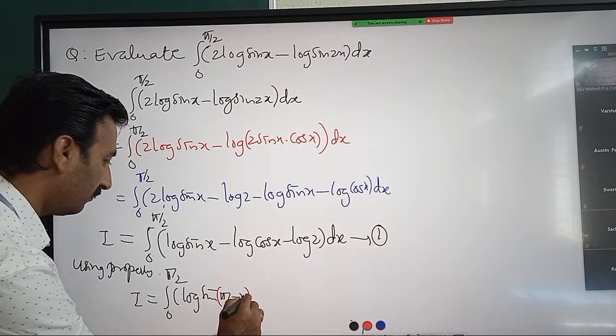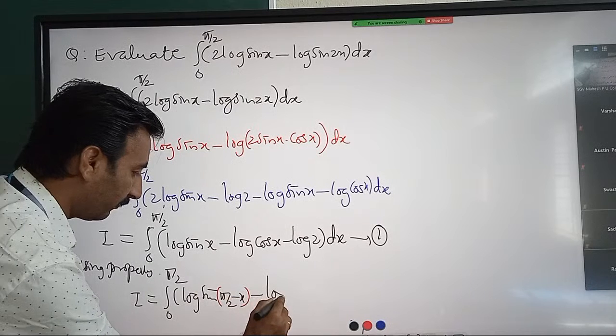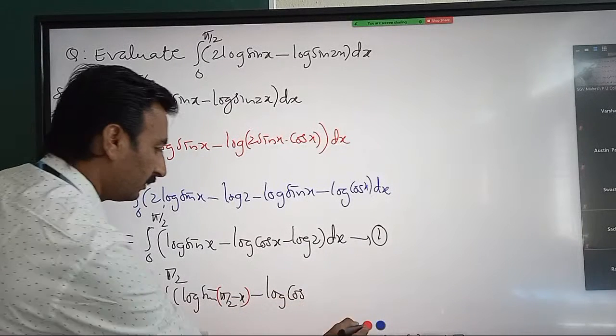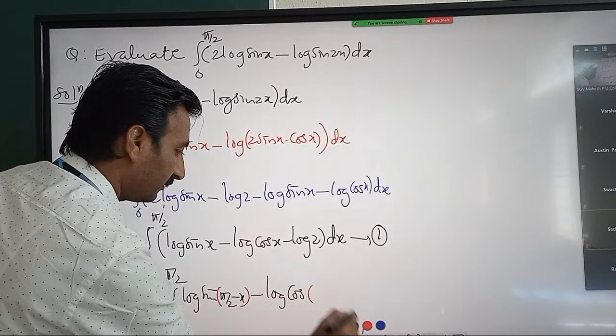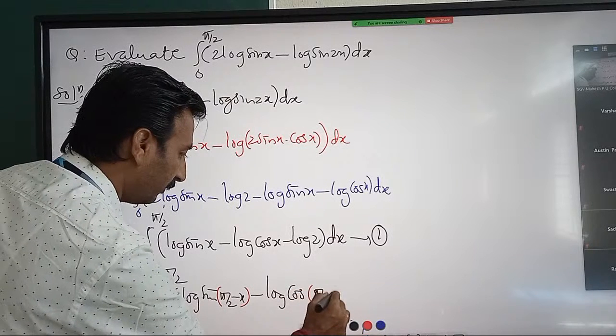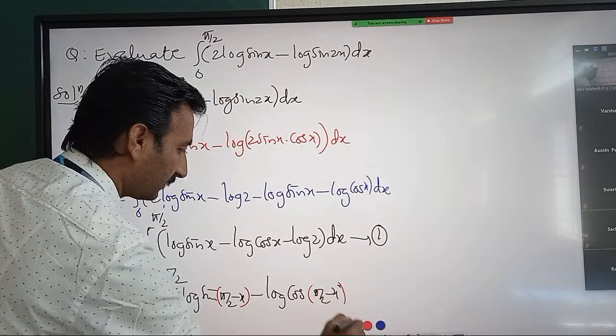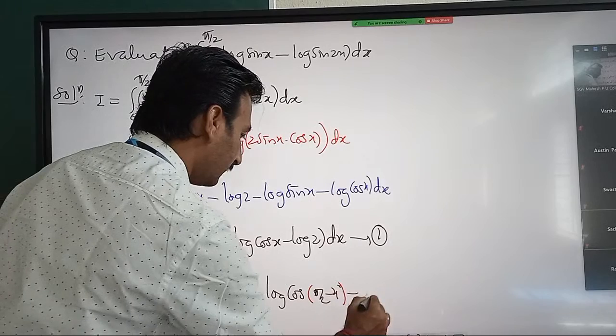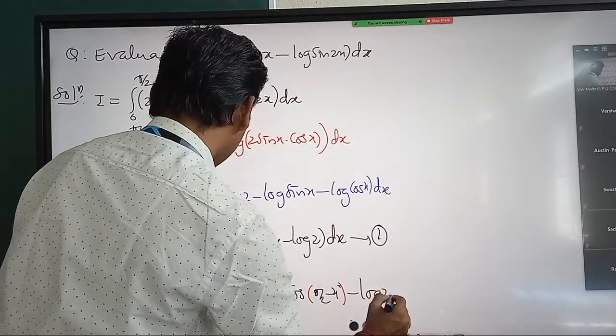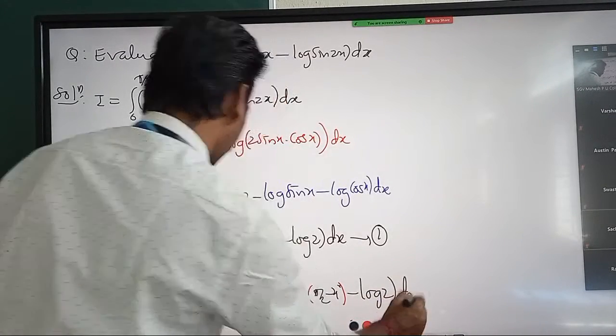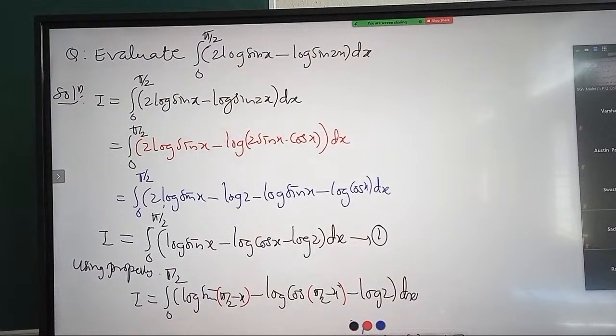And the next, minus log of cos of, once again, pi by 2 minus x, minus log 2, and this is all with respect to x. Yes, can you understand this?